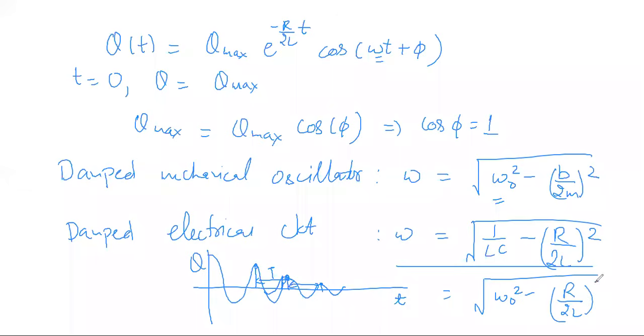Now we are saying that omega naught represents the frequency of the undamped case, which basically means your ideal LC circuit, in which no resistances are present. So this omega is different than that omega. Okay.